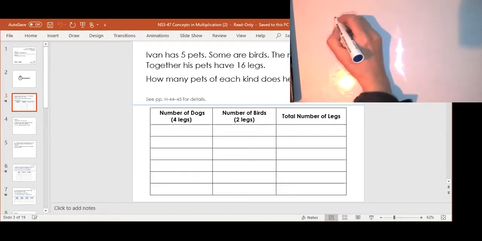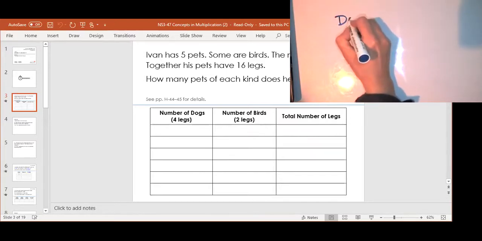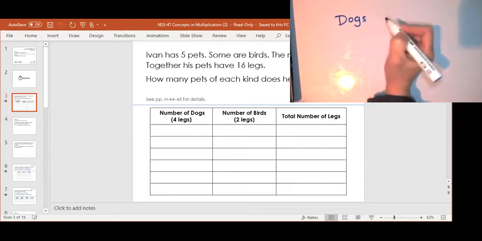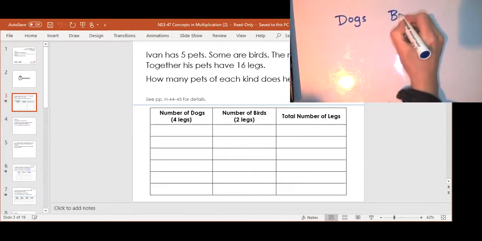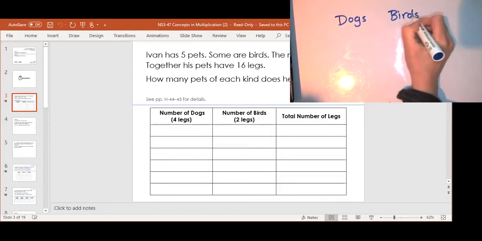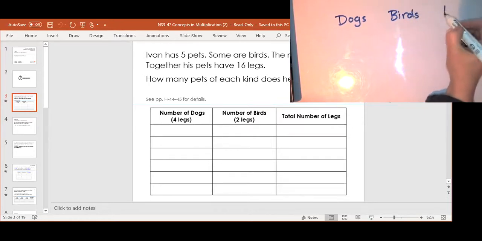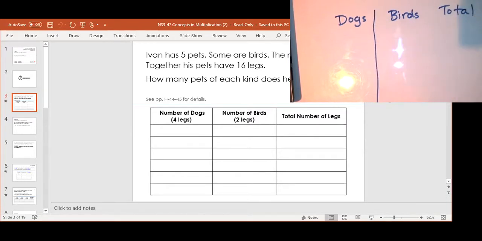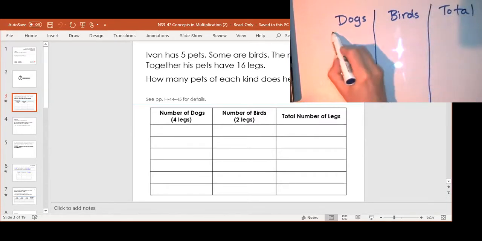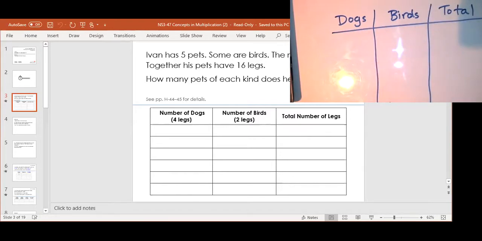So I'm going to make this chart. I'm just going to put dogs for the top here, and then birds. Oopsie. Okay. And total. I'm going to make a little chart. Okay. And I want to use another color for my chart. Okay. So he has 5 pets altogether.